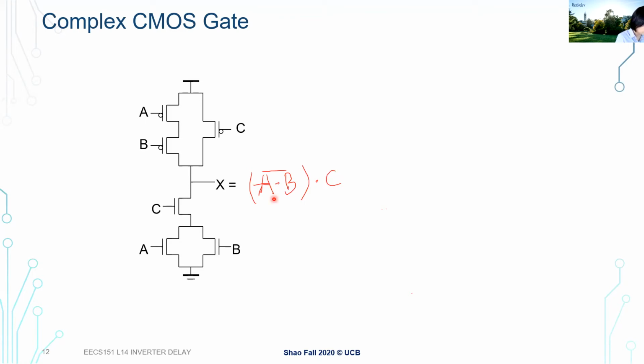Yeah. Any other guesses? Let's see, we have a few. Others are also different. One guess is F is A plus B and C. What other choices do we have?